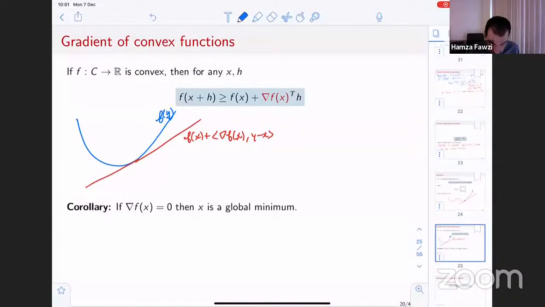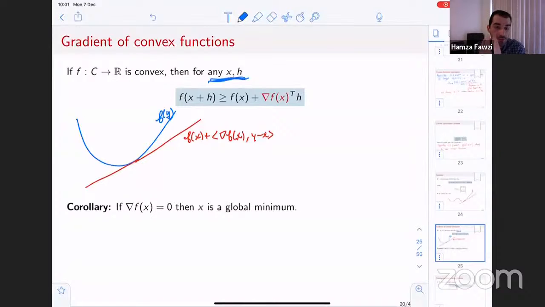It is important to emphasize this point: whereas the gradient is a local property of a function, so it only depends on the neighborhood of x, this inequality is something that is global. It tells you that for any x and for any h, f of x plus h is going to be bigger than f of x plus the gradient of f of x transpose h.